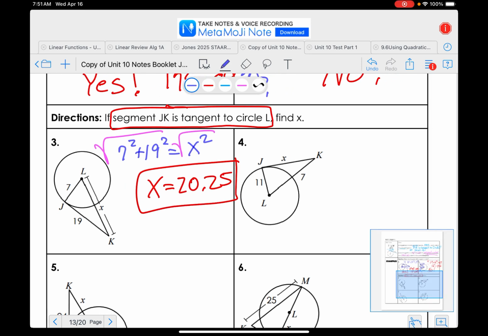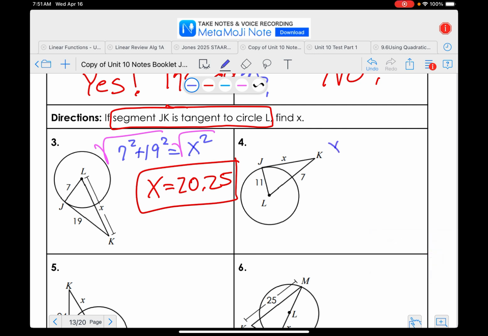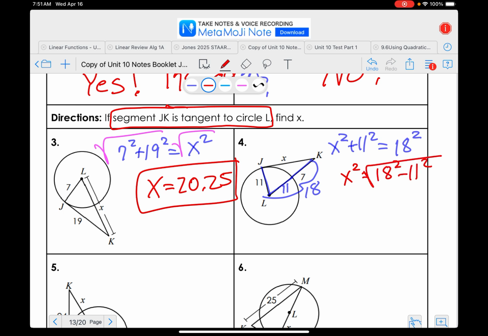On this one, X squared plus 11 squared would equal, what is C? Once again, you got a radius of 11, add it to the 7 on the outside, and you get 18. 18 squared. So we have to subtract and take the square root, and X is 14.25.